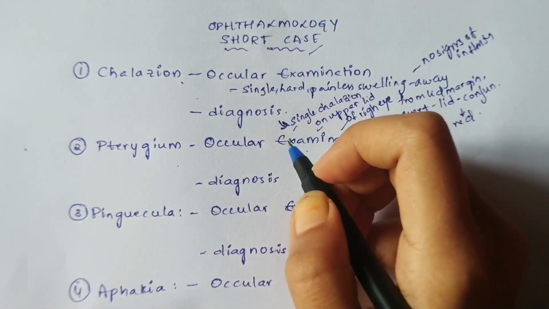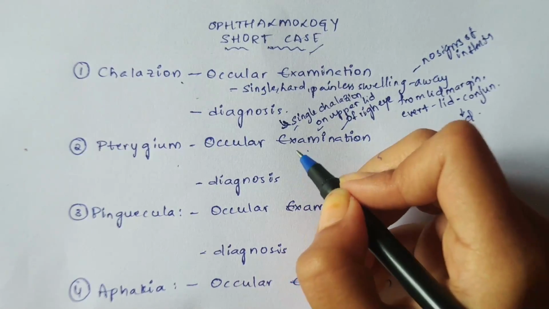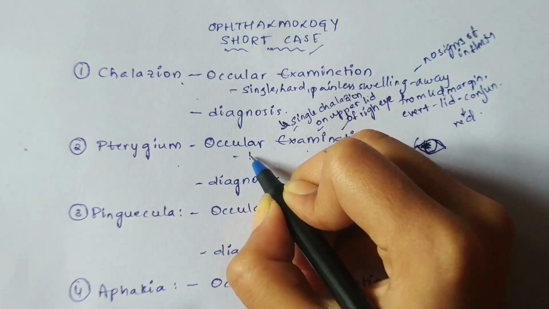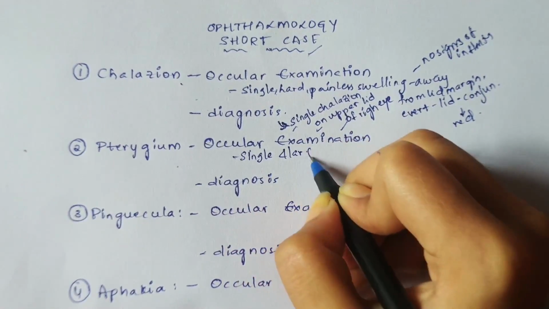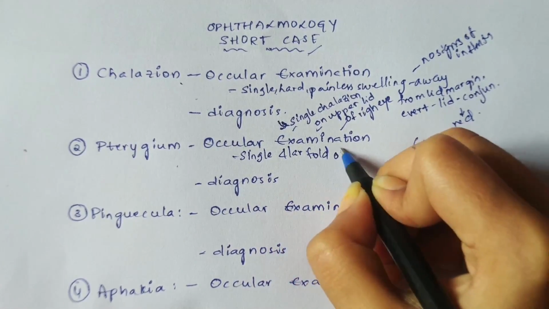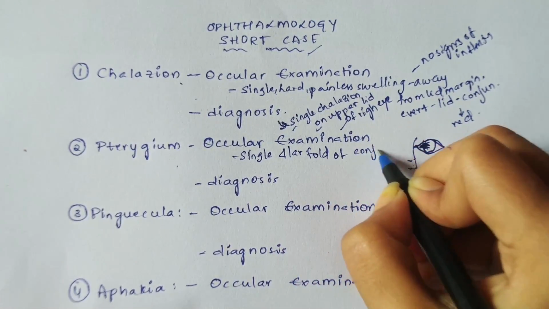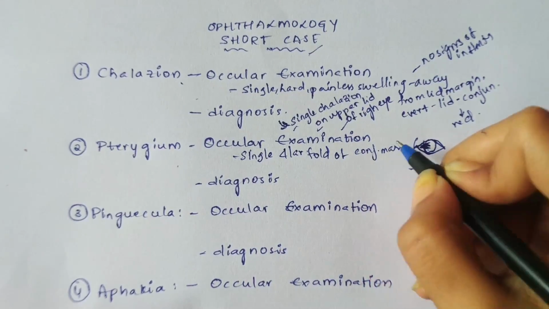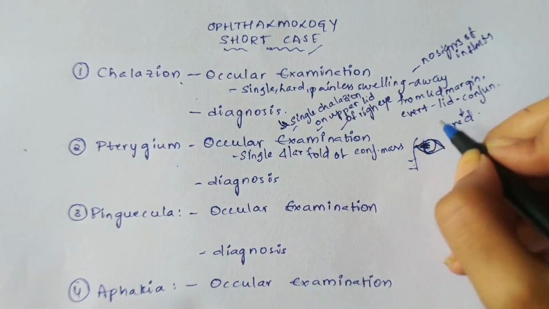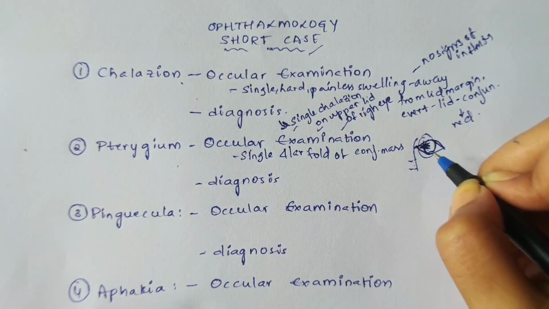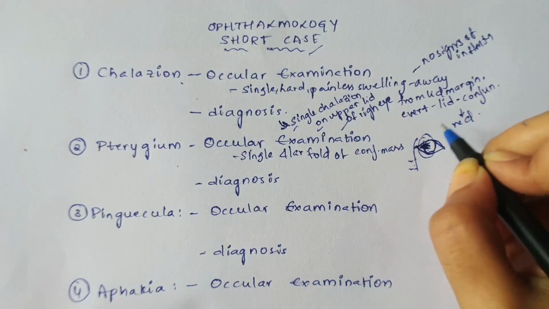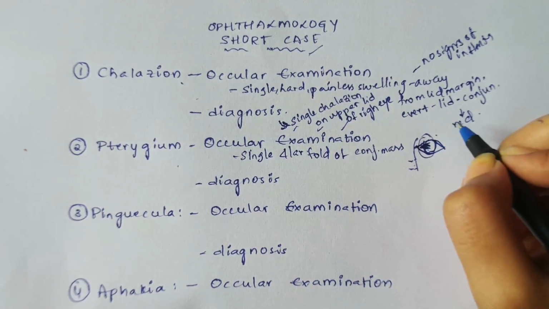Encroaching onto the cornea, there will be a triangular fold of conjunctival mass. If you see it on the nasal side, you will write on the nasal side. If it is the right eye, you will write of the right eye.